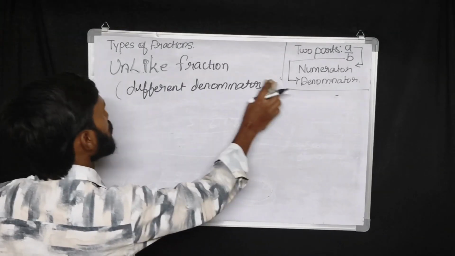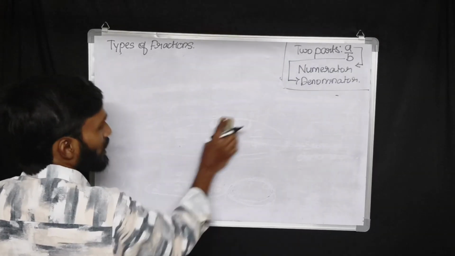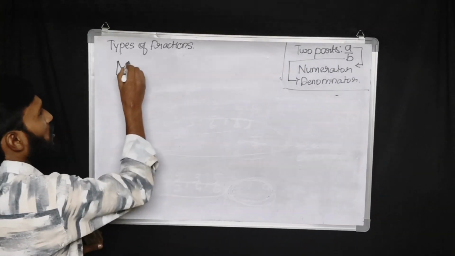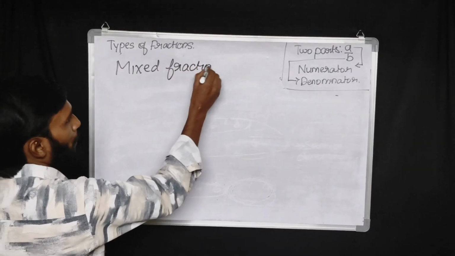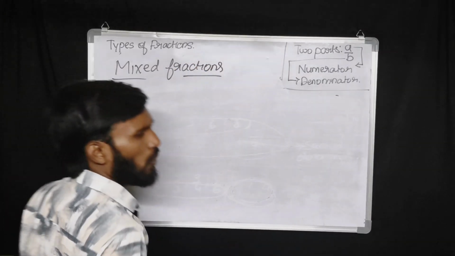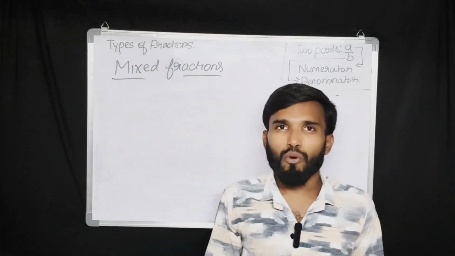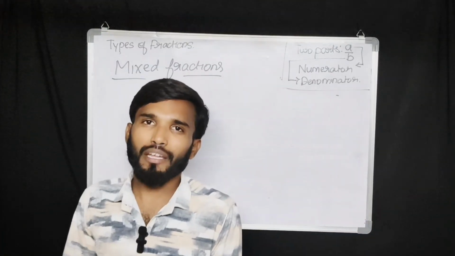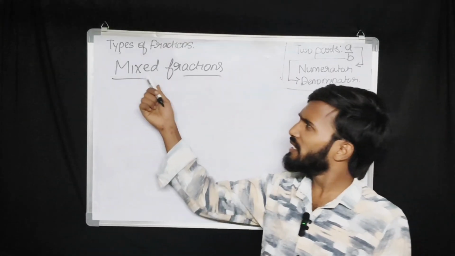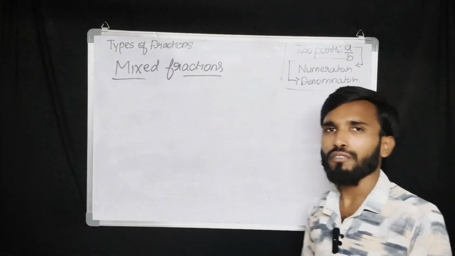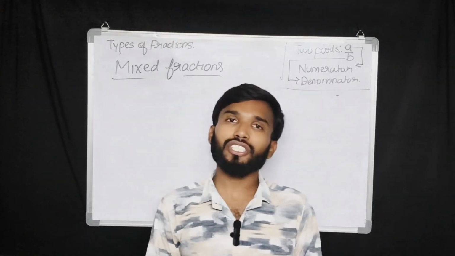Now let us move to the next type of fractions, which is mixed fractions. What are mixed fractions? Mixed means two or more things are mixing, then we can say that it is a mixed thing. How many things are mixed here?